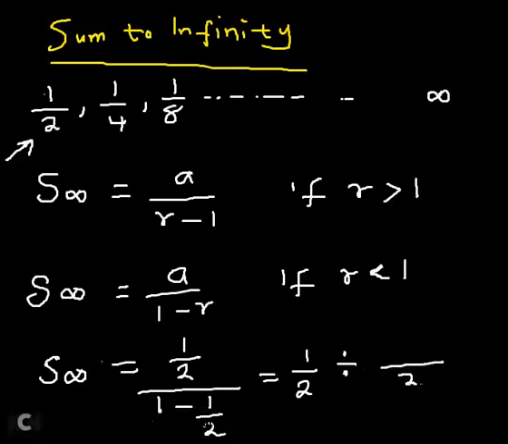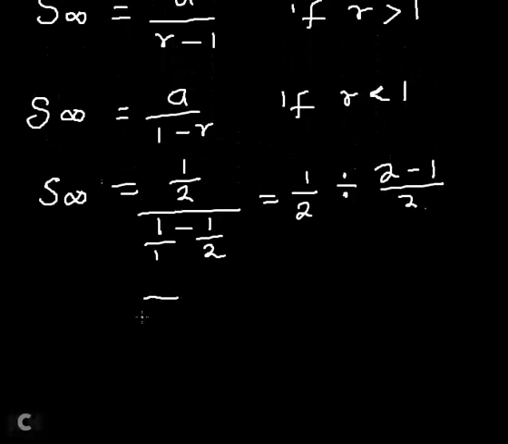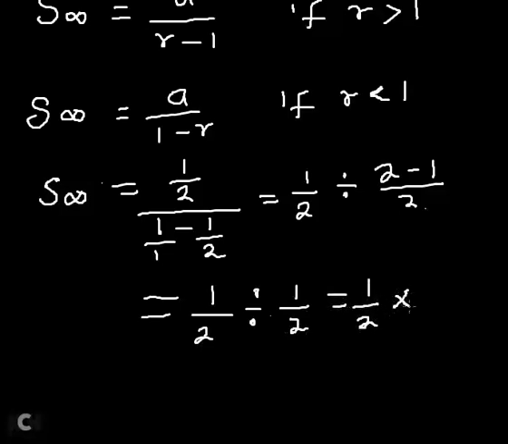The LCM is 2, right? 2 divided by 1 is 2. 2 times 1 is 2 minus 2 divided by 2 is 1. 1 times 1 is 1. Okay, so let's proceed. So I'm going to have 1 all over 2 divided by 2 minus 1 is 1 all over 2. So that's going to be equal to 1 all over 2 times 2 all over 1. So when I divide that, that will give me 1.